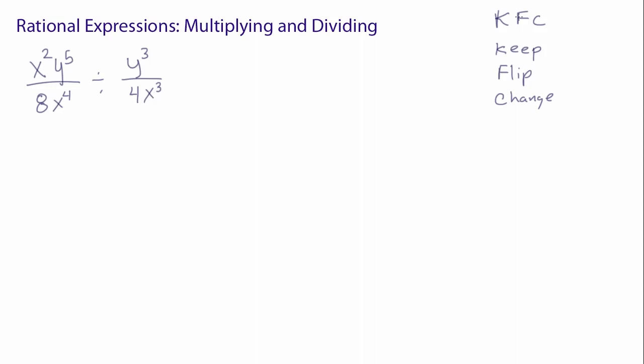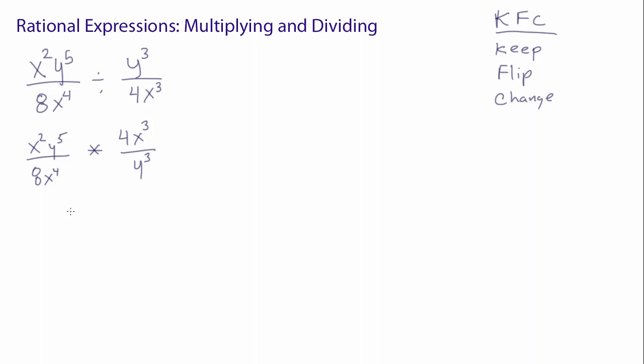Okay, so if we do the KFC rule here, we keep the first one, x squared y to the 5th over 8x to the 4th. So we keep the first fraction, flip the second one, 4x to the 3rd over y to the 3rd, and then change from division to multiplication.